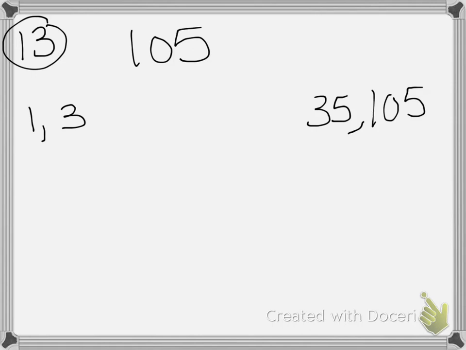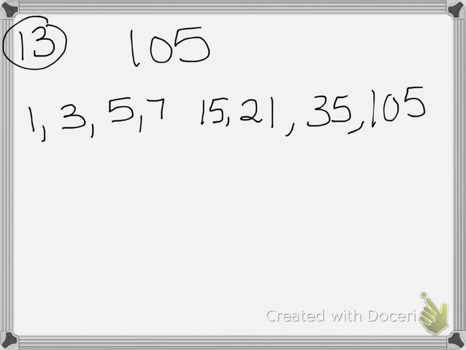It can be divided by 5. You get 21. I don't think it can be divided by 6, but by 7 it can. Don't know about 8 or 9. So we're going to stop there.